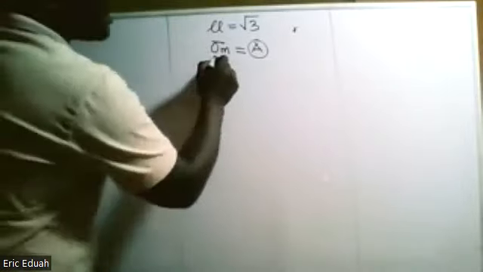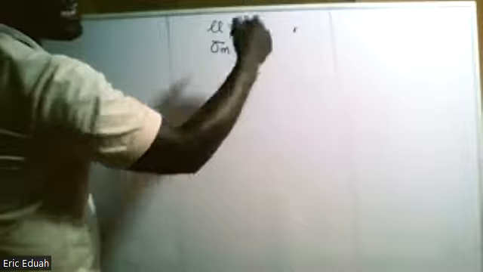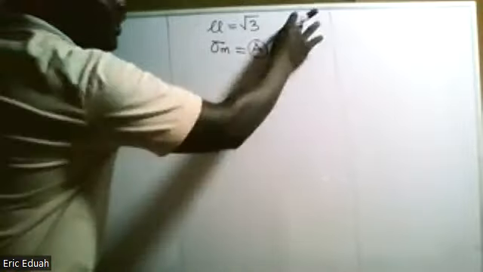So you are told that the minimum deviation is equal to the refracting angle of the prism or the angle of the prism.